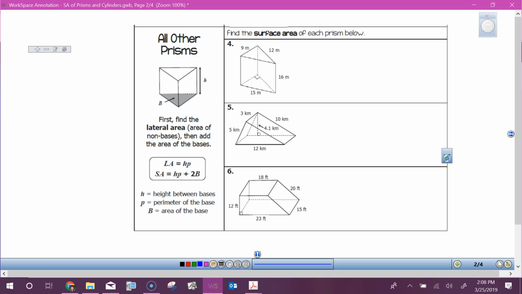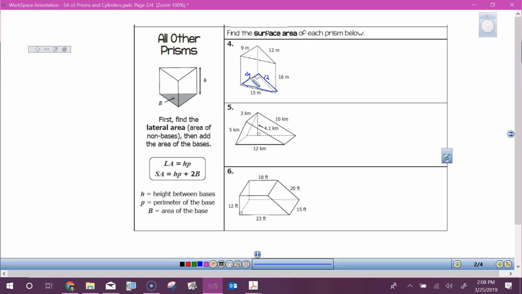My top and my bottom is my base right now because those are the ones that are parallel and congruent. So right now my base is that triangle. This side is 15. What's this? 12. And what's this side? 9.